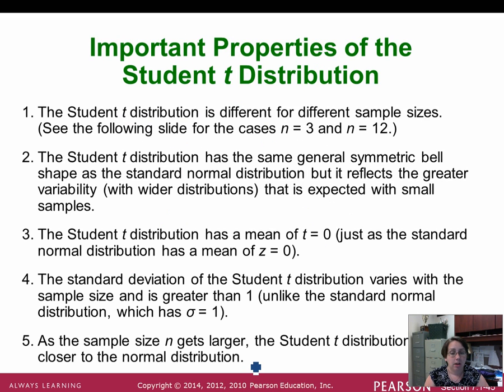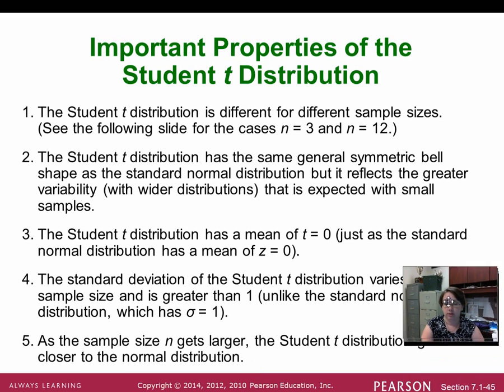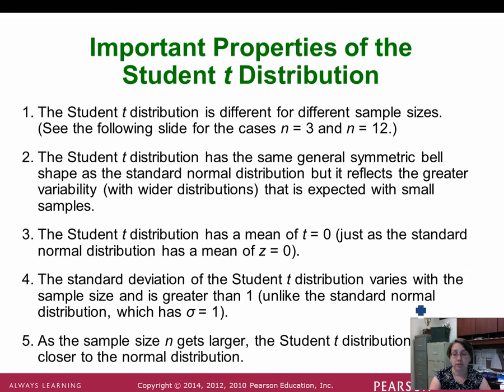which is number 3. Number 4, the standard deviation of the student t-distribution varies with the sample size and it is greater than 1. Okay, so the t-distribution does not necessarily have a standard deviation of 1. Number 5, as the sample size n gets larger, the student t-distribution gets closer to a normal distribution.